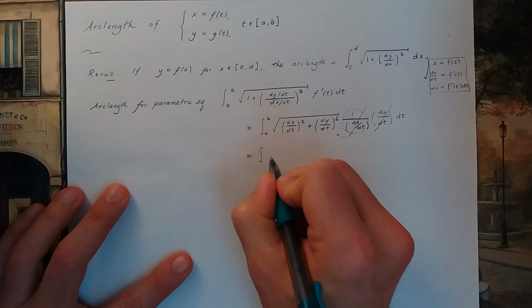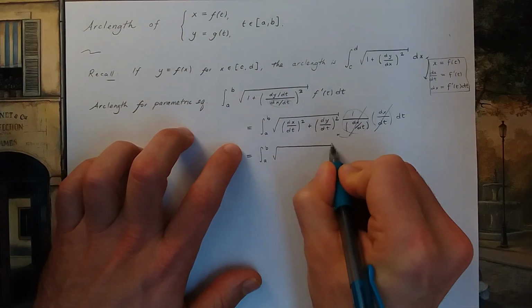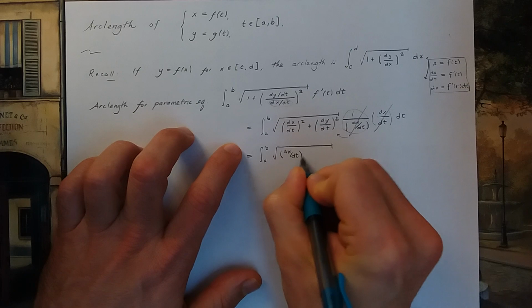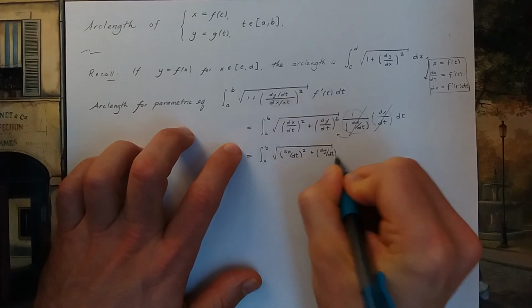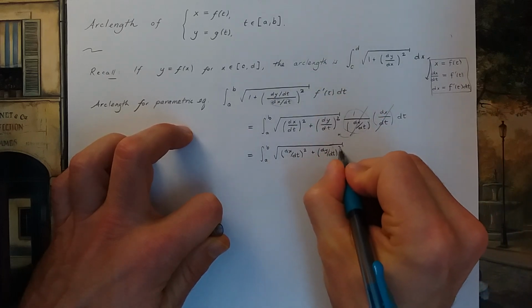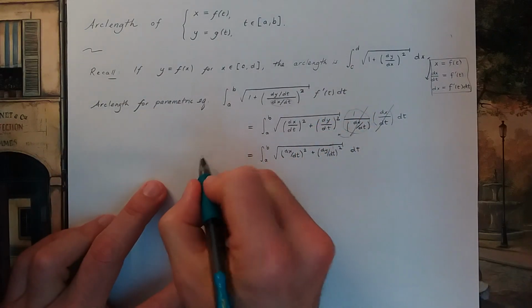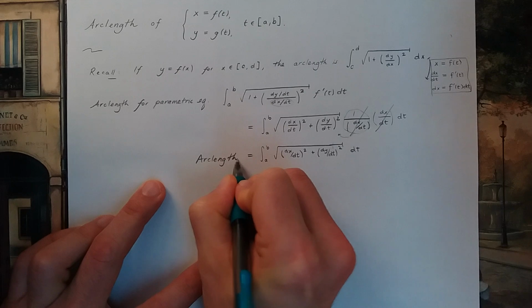Let me write it down for posterity. It's the integral from a to b of the square root of (dx/dt) squared plus (dy/dt) squared, dt. So arc length is equal to this.